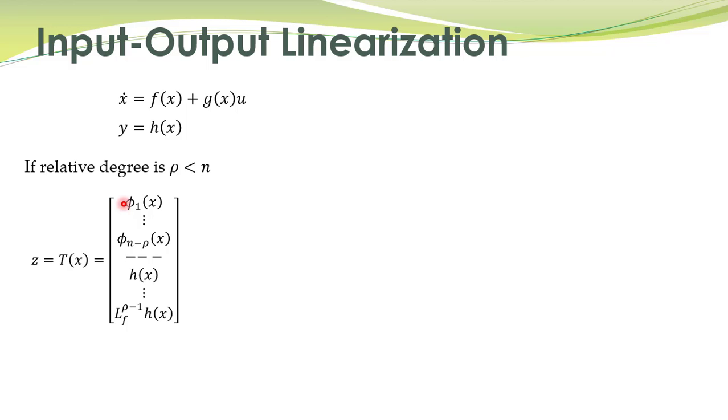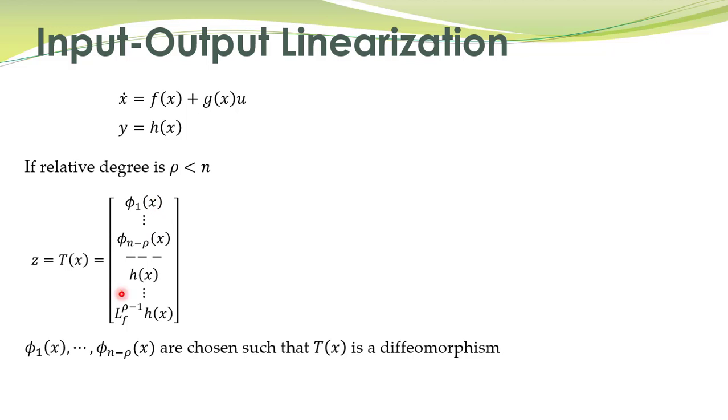Here phi 1 of x, phi 2 of x up to phi n minus rho of x, these are some functions of state variables, and these are selected. You have a choice to select these functions. These are selected such that T of x is a diffeomorphism. We have already learnt what is a diffeomorphism. Diffeomorphism is a state transformation for which the inverse transformation exists, and both the state transformation and its inverse transformation are smooth.